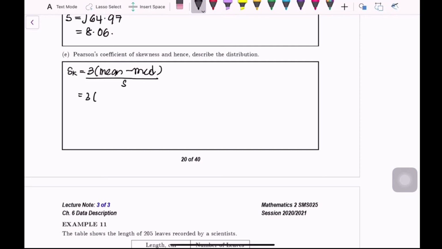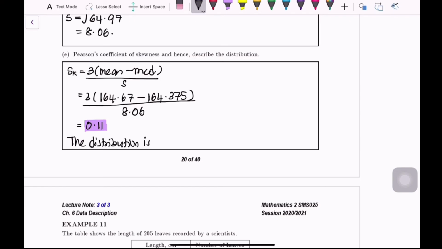So 3 times the mean, 164.67, minus the median, 164.375, over the standard deviation, which is 8.06. So SK is 0.11. By looking at the value of SK, 0.11, the distribution is skewed to the right.